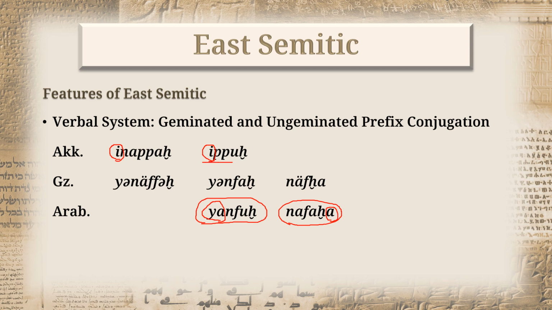Ippuch is the preterite, so used for the past tense, and inappach is the durative, and it's mostly used for the present and future, and its distinctive feature is this doubling of the second radical. So there's also eparas and things like that.